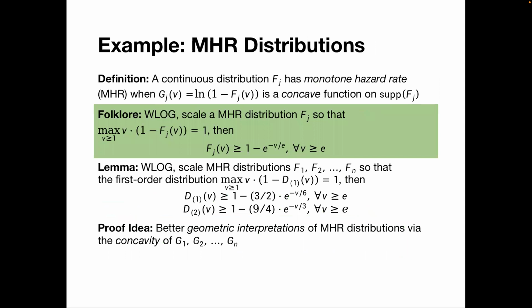Consider MHR distributions, for example. By definition, a single-dimensional continuous distribution satisfies the monotone hazard rate property, or MHR in short, if and only if this function G, defined based on the value CDF itself, is a concave function on the support of this distribution.